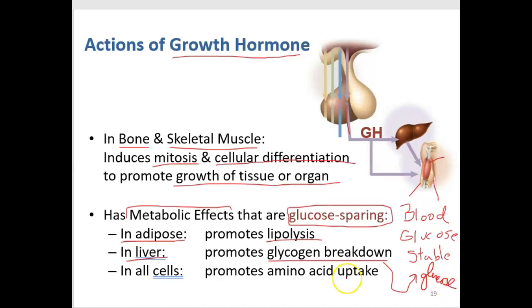The other thing that growth hormone does for all cells in the body is it promotes their ability to take up amino acids from the blood and use those for ATP synthesis instead of glucose.